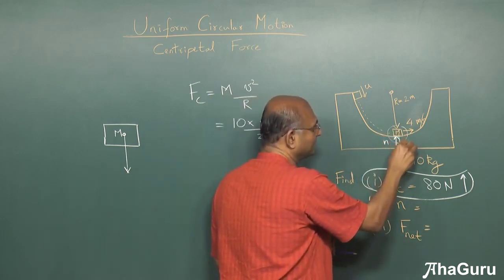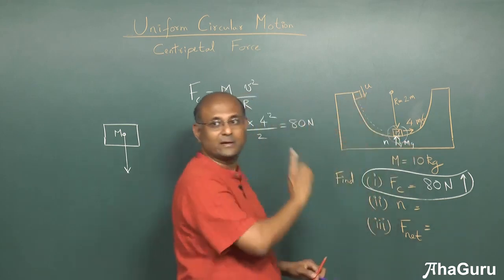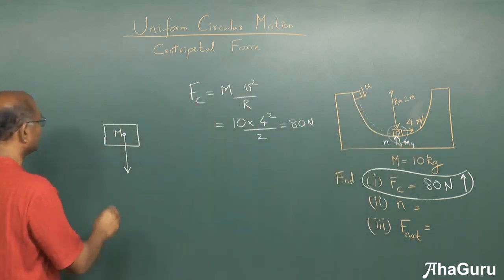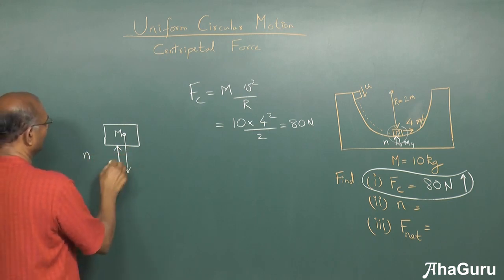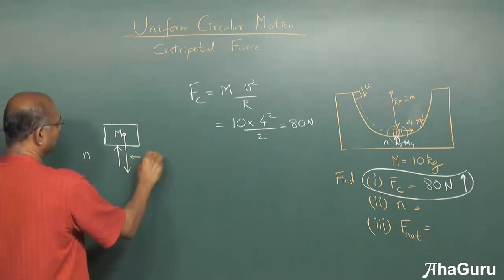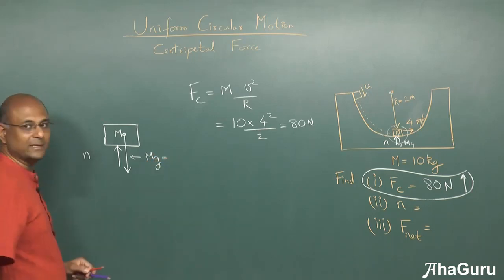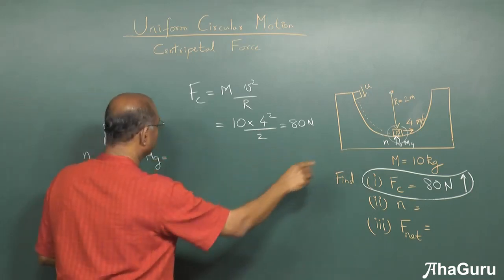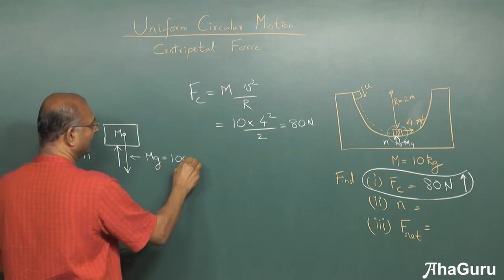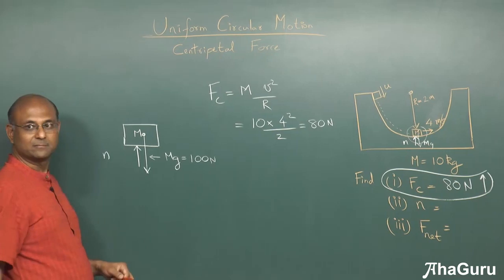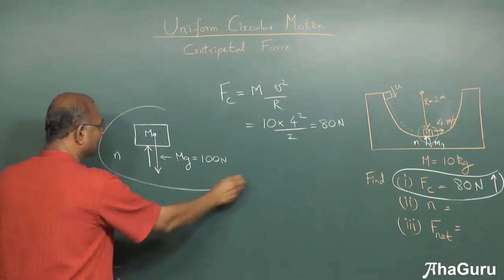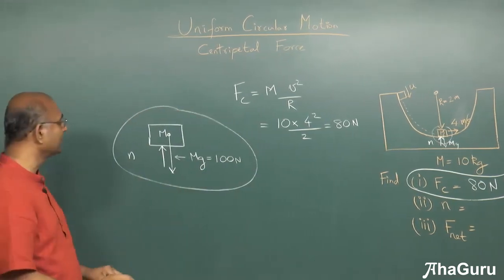There are only two forces. One force is N, and there is this force mg. And how much is mg? M is 10 kg, g is 10. So basically this is 100 newtons. So there are only two forces, N and mg. That's all. There is no centripetal force.